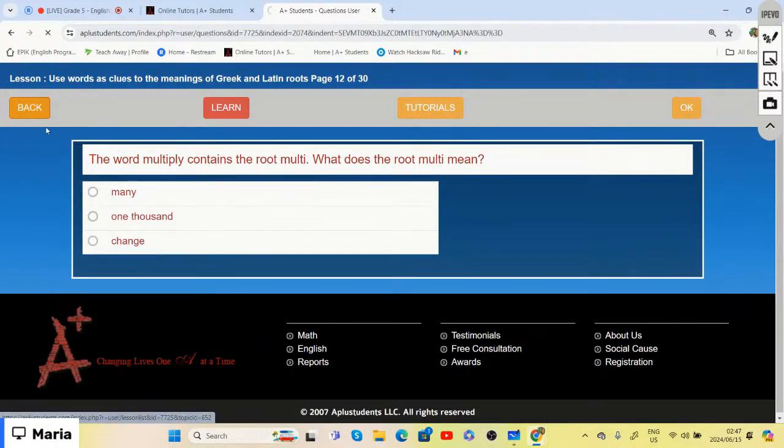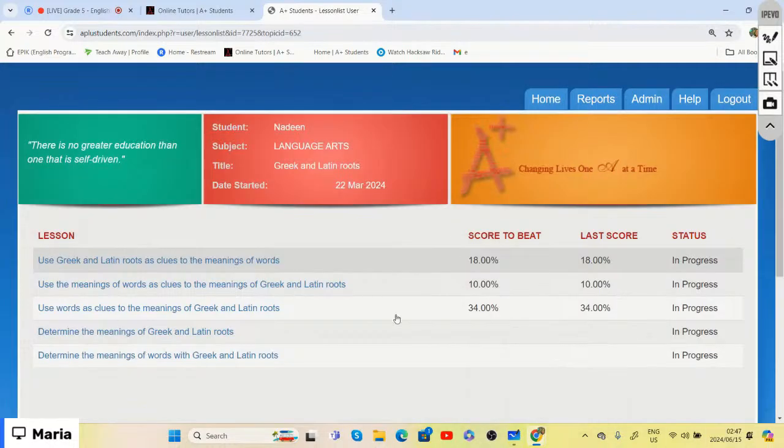All right, we didn't even get to the second one, but we'll do that next time. So this is the end of our lesson on Greek and Latin roots. We said Greek and Latin roots have similar meanings to a specific root. Whatever the other word is with that root, it will basically have a similar meaning.